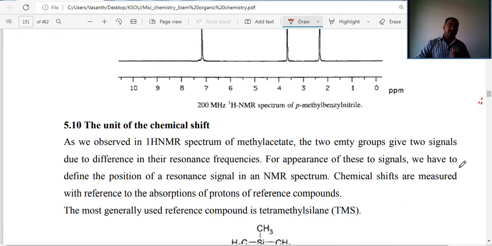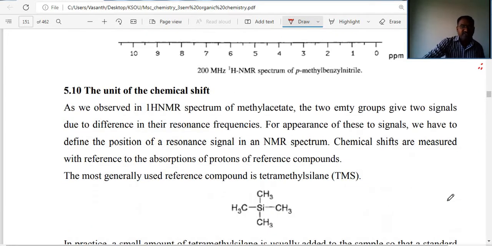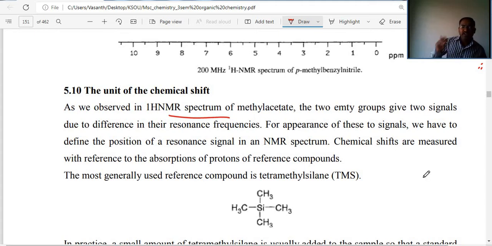This is the spectrum showing the chemical shift of that organic compound. The units of chemical shift: as we observed in the proton NMR spectrum of methyl acetate, the two methyl groups give two signals due to the difference in resonance frequency.